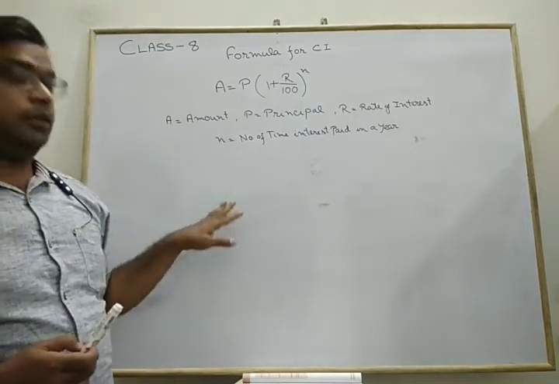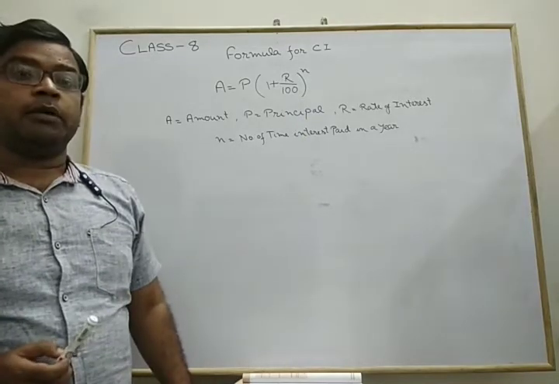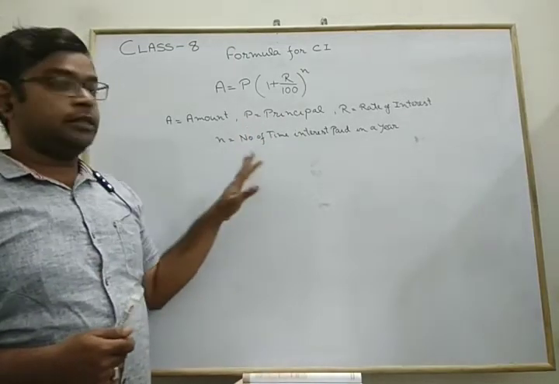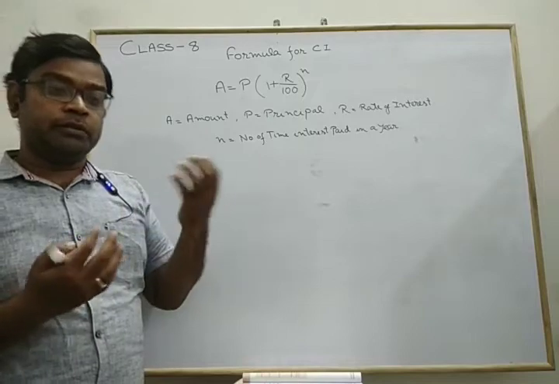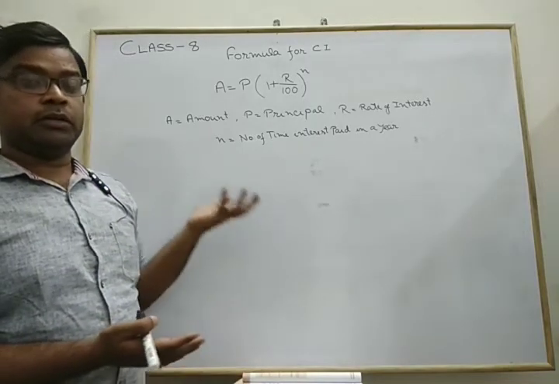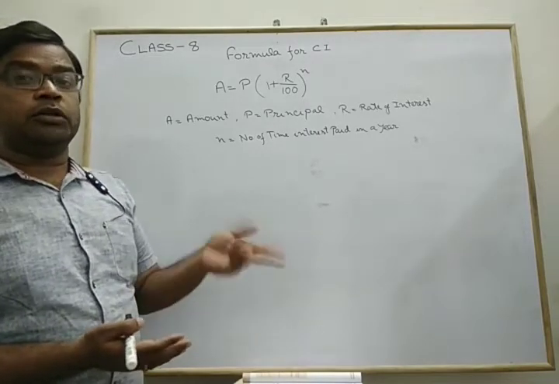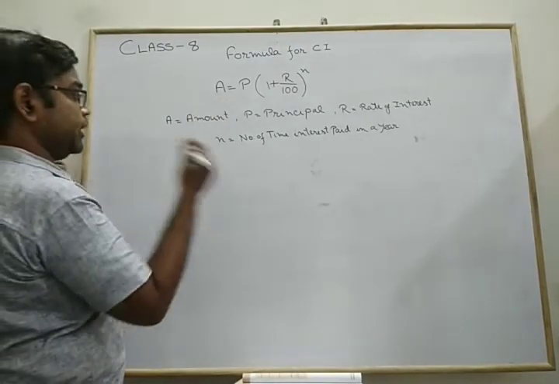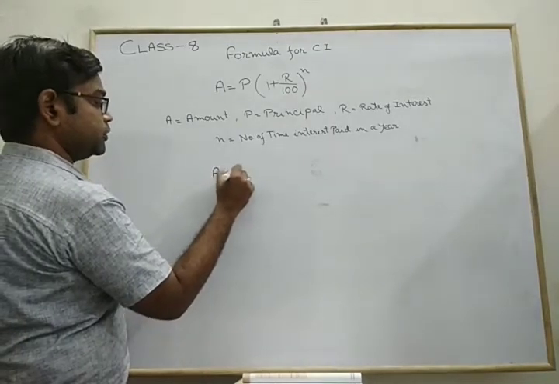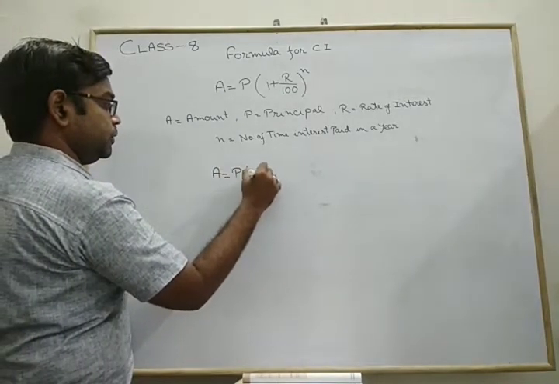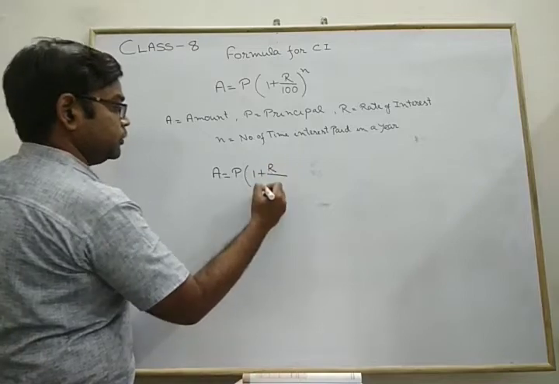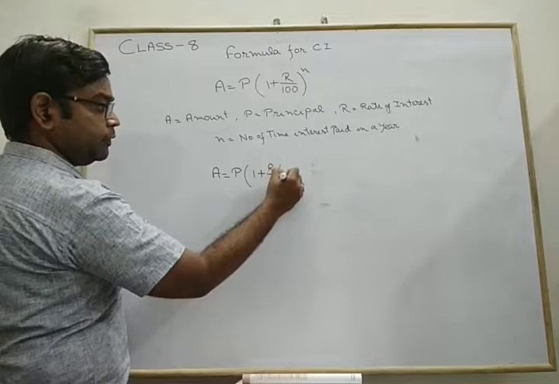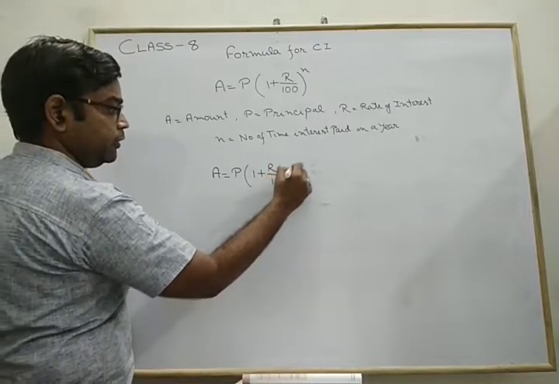Now, if the interest is calculated biannually, suppose in this condition we receive or give the interest on that sum 2 times in a year, that is biannually. So this formula changes to A equals P into 1 plus R upon, since there are 2 times, we divide the rate of interest by 2, upon 100 whole to the power.